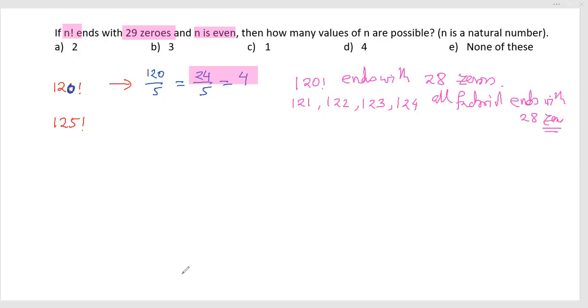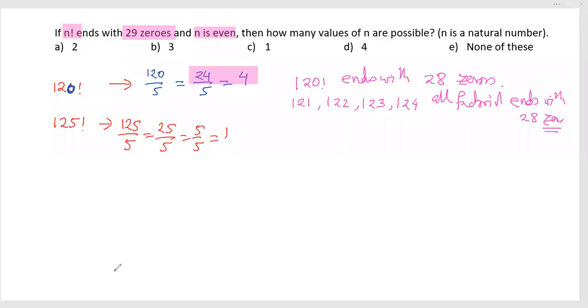But whenever I return to 125 factorial, as it is 5 cubed, the next number after 124, 125 itself is 5 cubed. I can see 125 by 5 is 25, by 5 is 5, by 5 is 1.